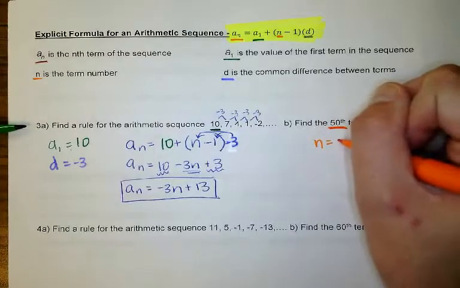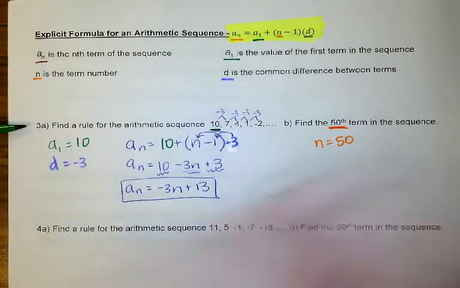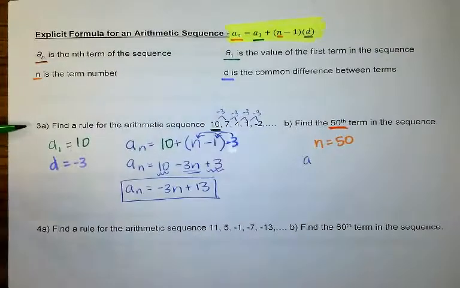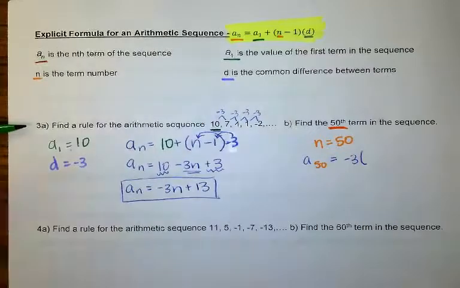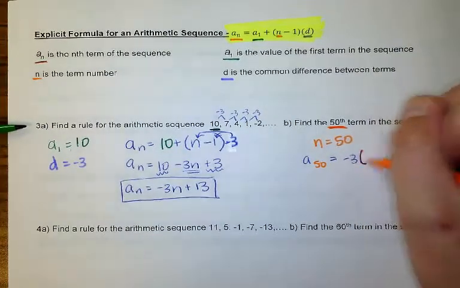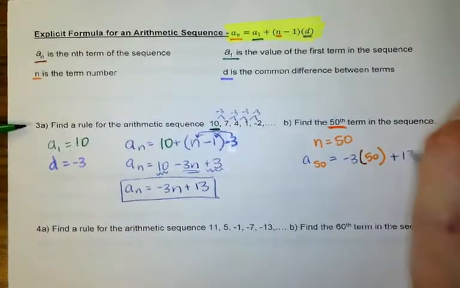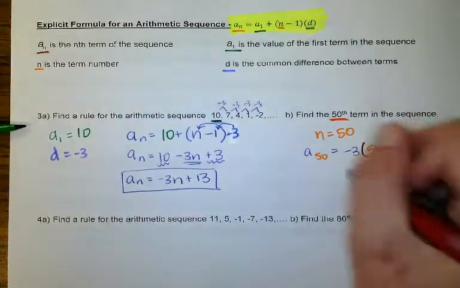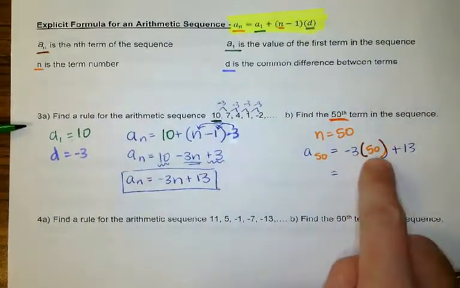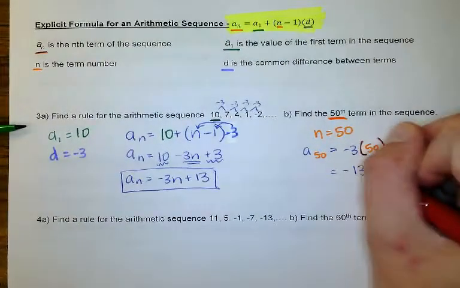This becomes a sub 50 is equal to negative 3 times 50 plus 13. That's negative 150 plus 13, which is negative 137. So a sub 50 is equal to negative 137.